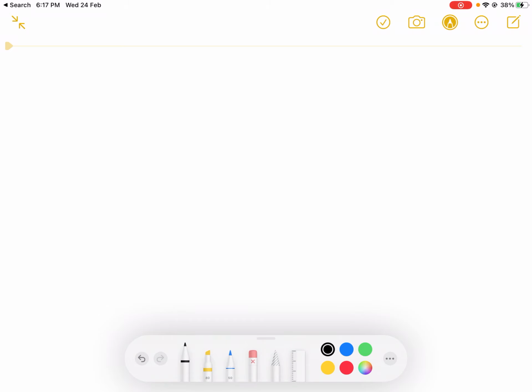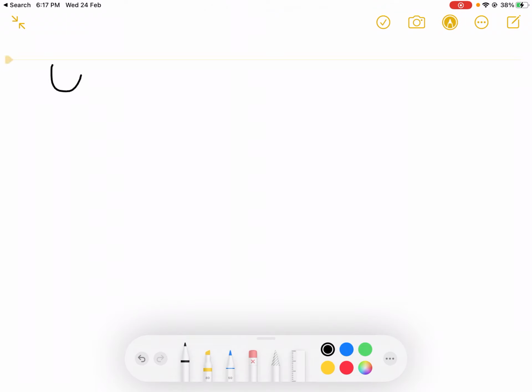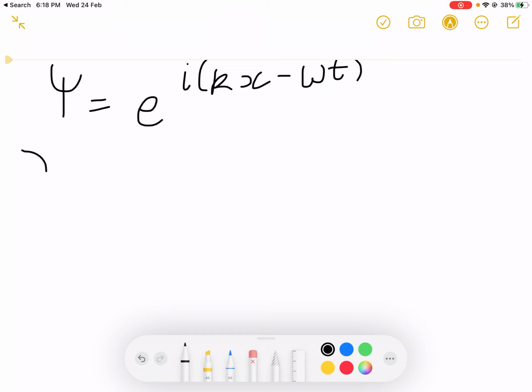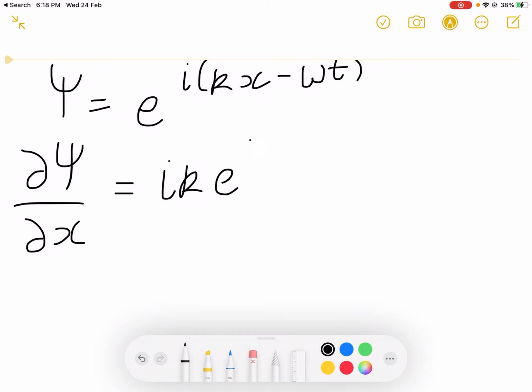Alright, so the psi value is only made in a specific way. So the value of psi is equal to e to the power of i(kx minus omega t). Then we will differentiate psi with respect to x, so we get ik e to the power of i(kx minus omega t).